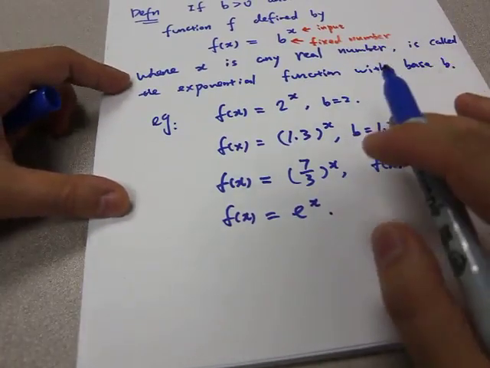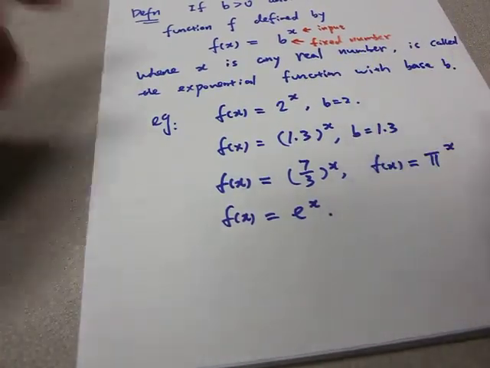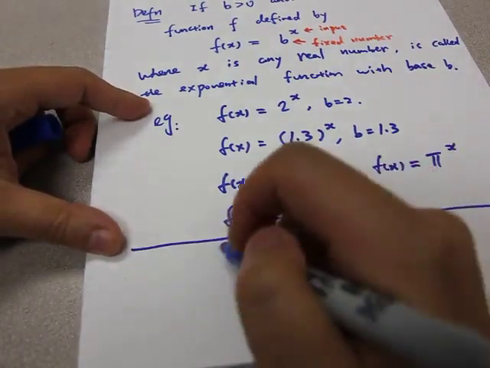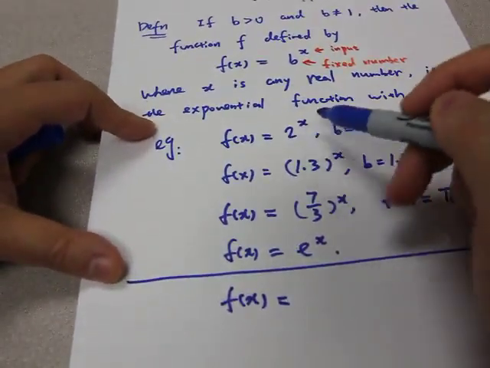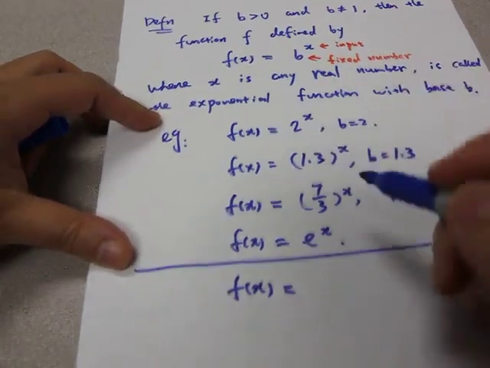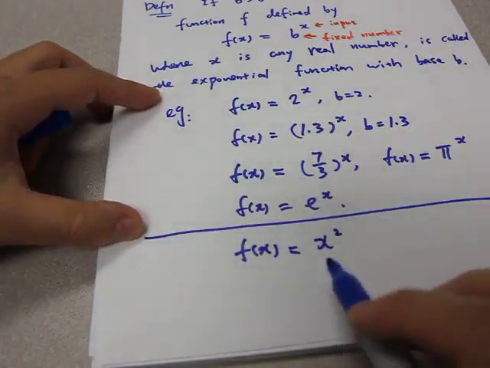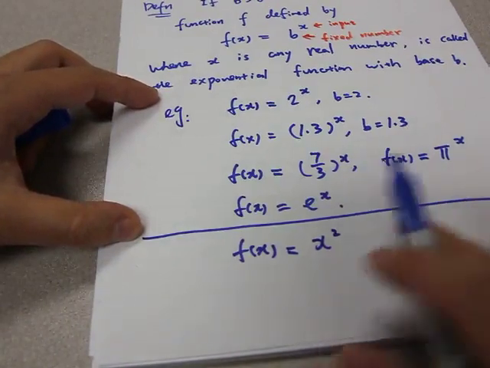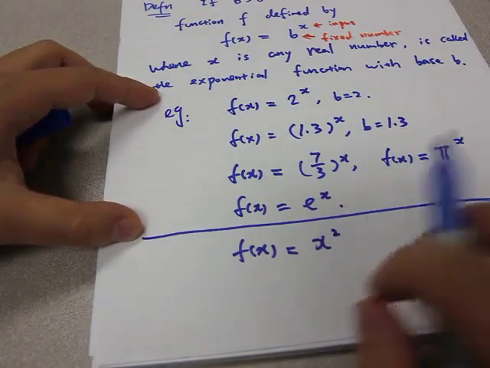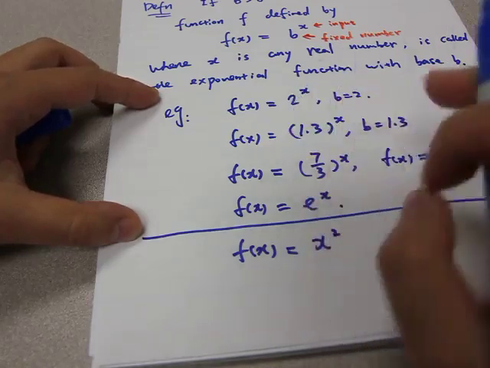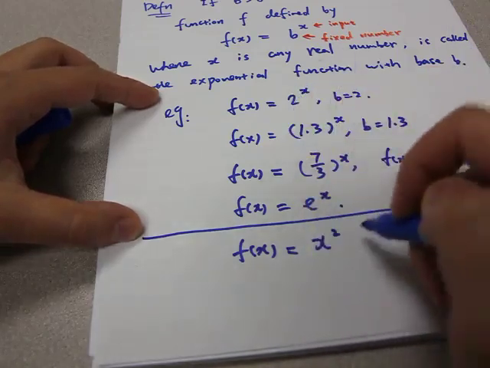Next, I'm going to show you some functions that are not exponential functions. Here, if I switch between 2 and x, this function is not an exponential function because right now the base is not a fixed number, right? We wanted the base to be a fixed number. Now this function is a quadratic function.